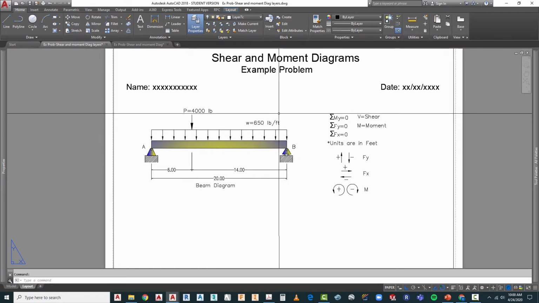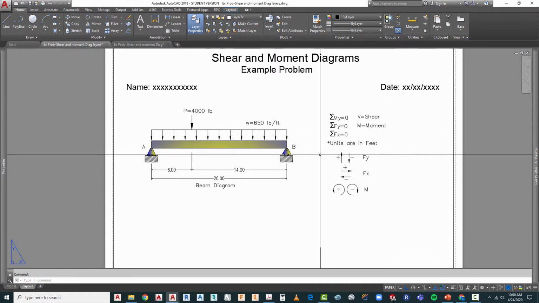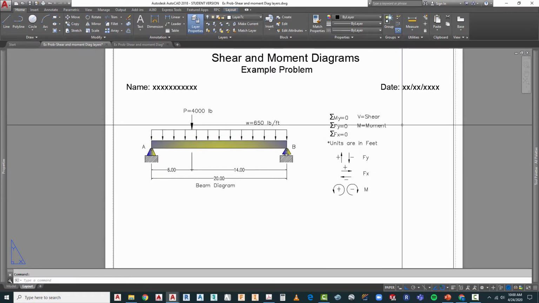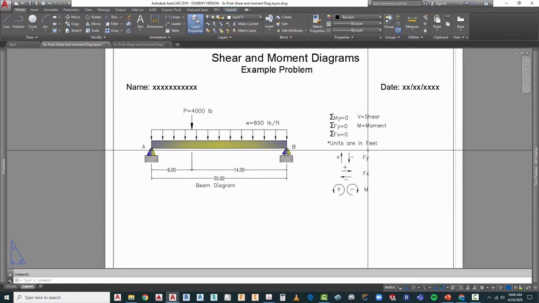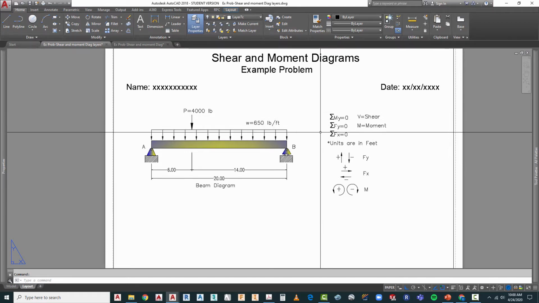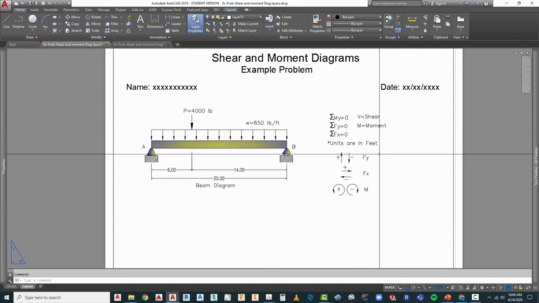Now on these problems that we're going to be doing, we've also drawn in here a couple of things that are going to be valuable in determining what the loads or the forces are on this beam, as well as developing our shear moment diagrams. Up here, we have our three equilibrium equations.